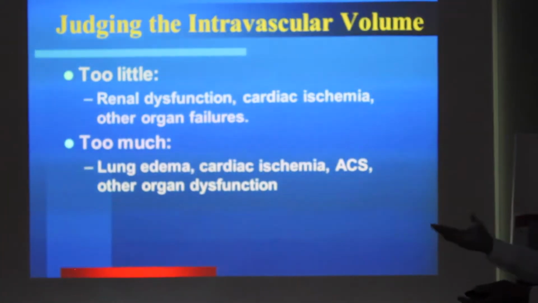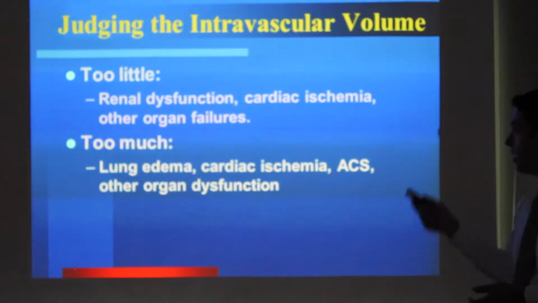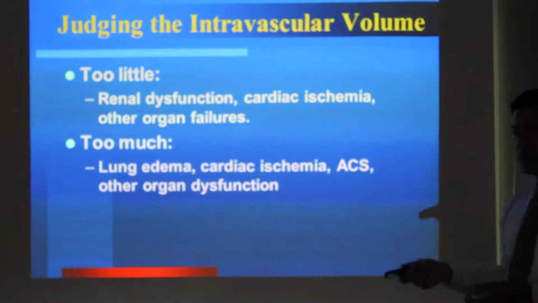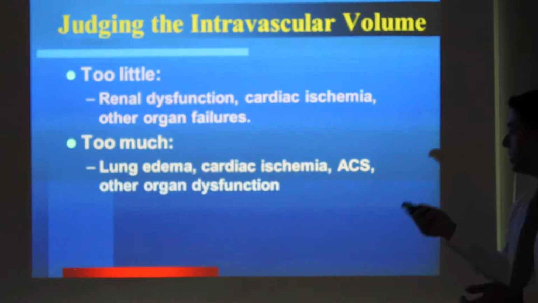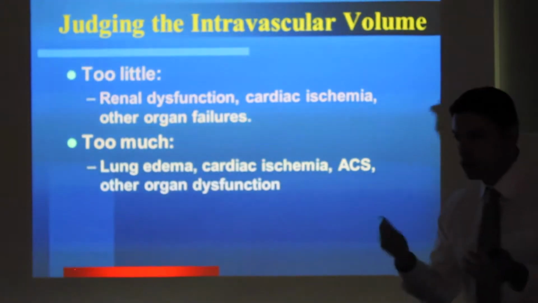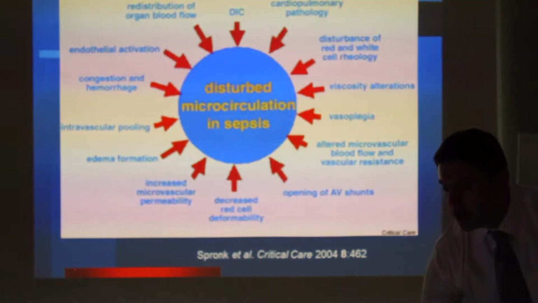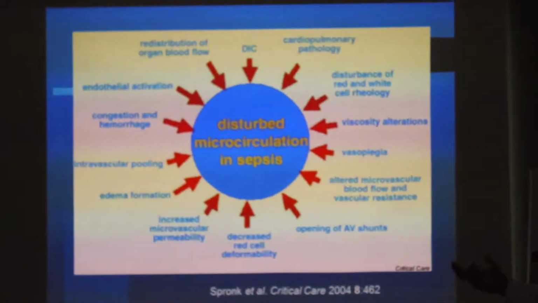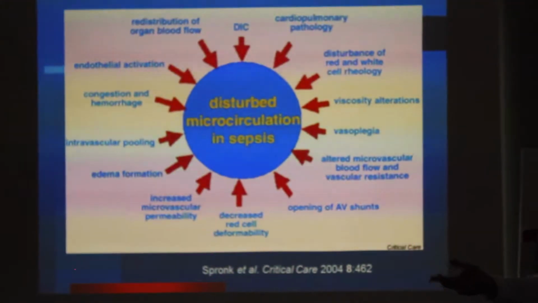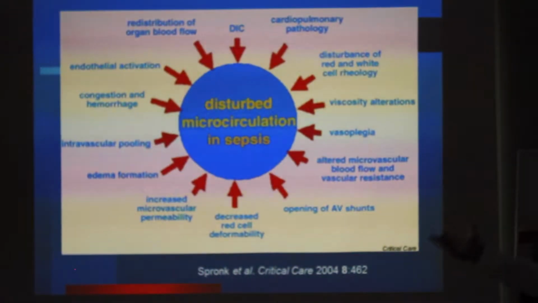Too little fluid, you're going to precipitate renal dysfunction, cardiac ischemia, organ failure. Too much fluid, we're going to end up with lung edema, ischemia, congestion, acute coronary syndrome, organ dysfunction. So too little is bad, too much is bad. We're going to find something in between. When we look at the microcirculation, especially in sepsis, there are lots of alterations that will occur there.